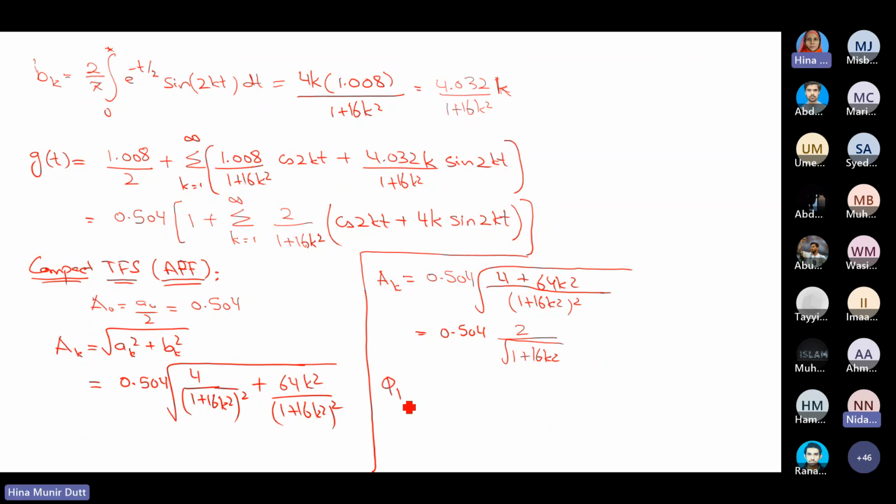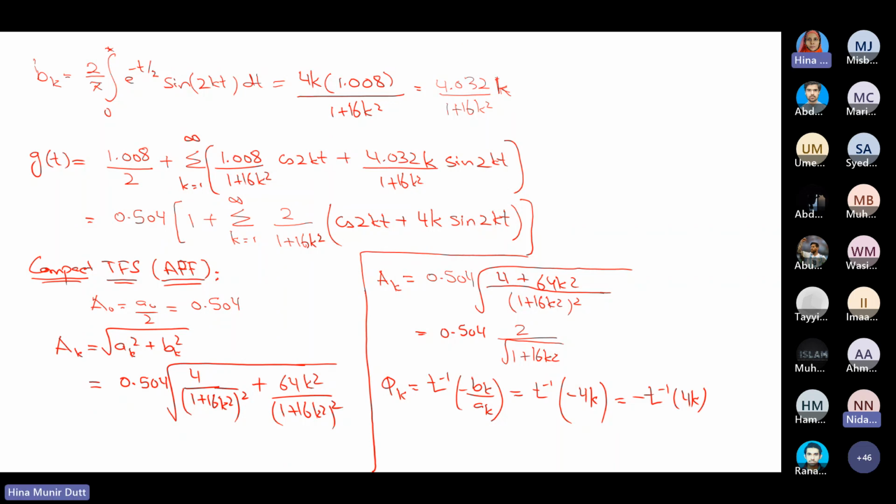And what is my phase angle? This is tan inverse of minus Bk over Ak, equal to tan inverse of minus 4k, which is minus tan inverse of 4k.